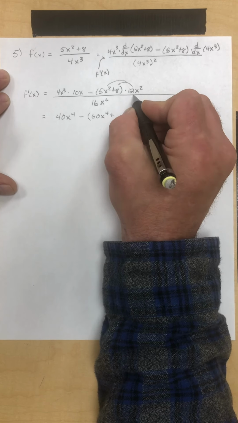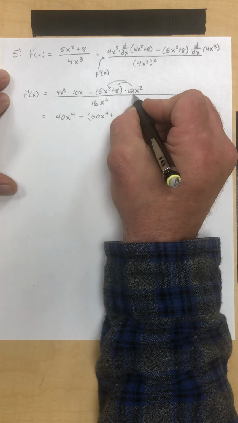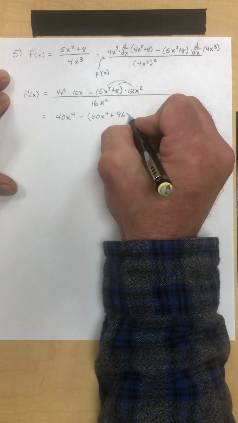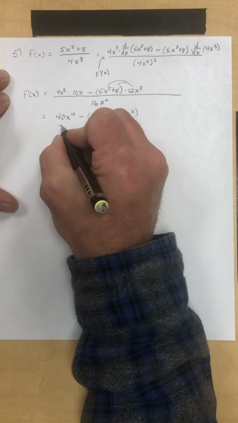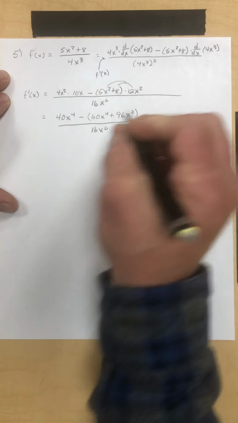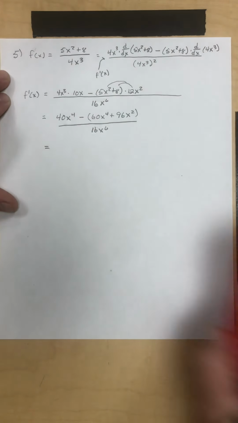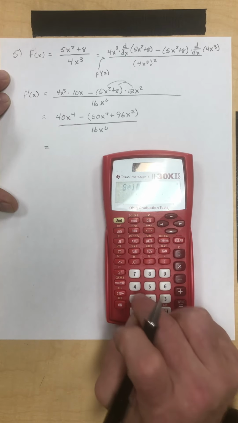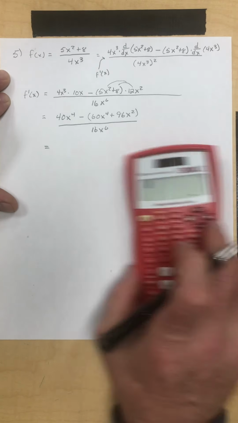And then 8 times 12x squared, plus 96x squared, all over 16x to the 6th. Let me make sure that 8 times 12, I got that right. I'm pretty sure I'm good. 8 times 12, 96.